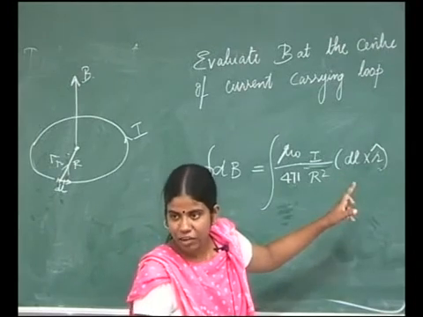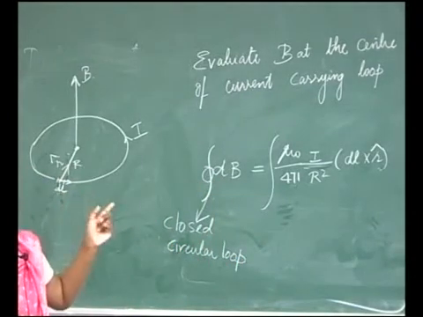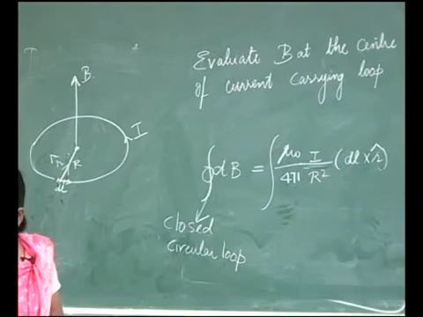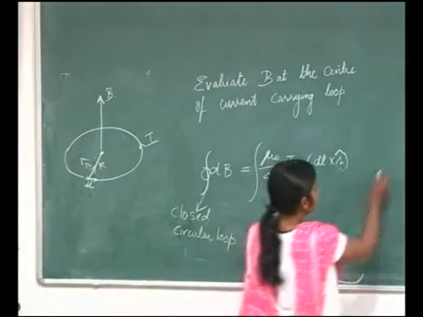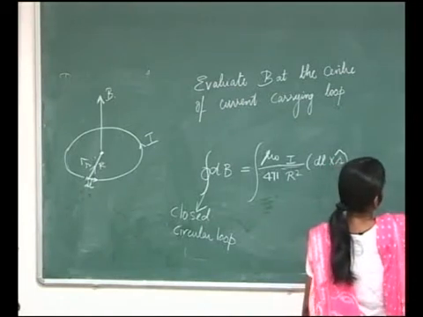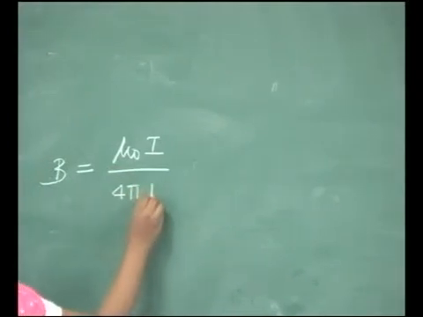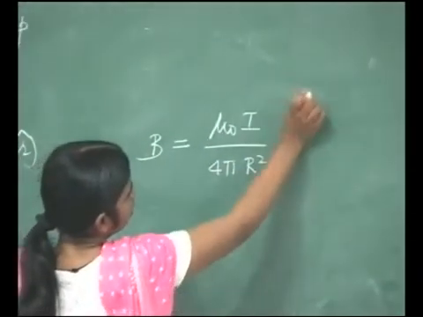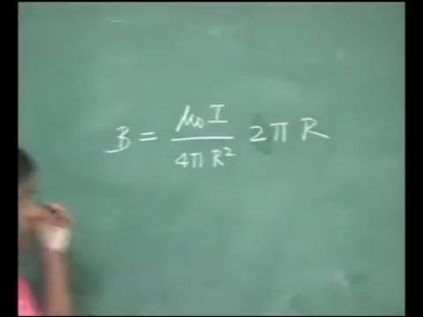What is the integral of dl? dl is the length of this circular loop. What is the length? It is the circumference, 2 pi r. So I get from here that B is equal to mu 0 I upon 4 pi r square into 2 pi r.